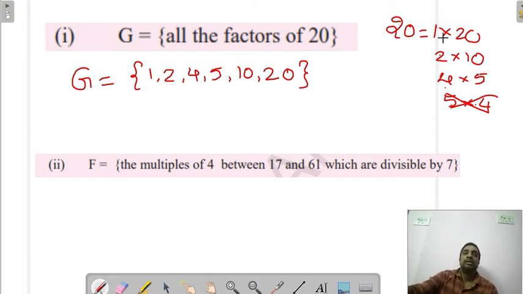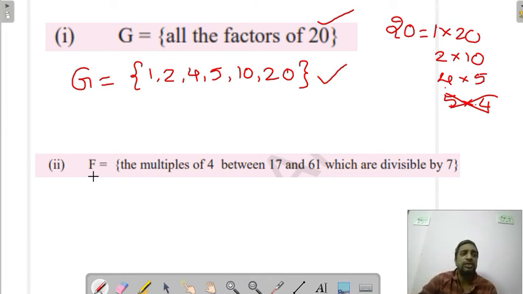These are all the factors of 20, and we should write them as elements in G. G as mentioned in the question is all the factors of 20, so it is in statement form, hence it is set builder form. And when all these factors are listed, this is list form.